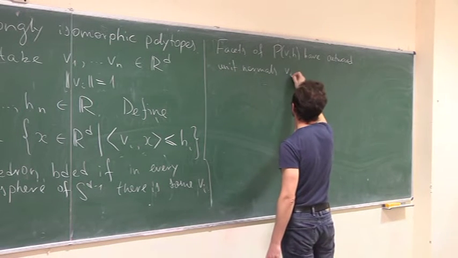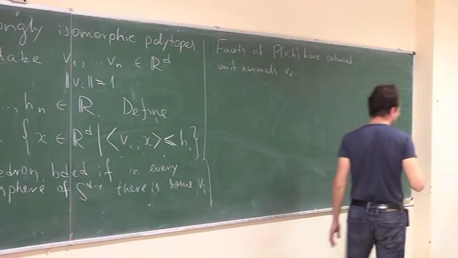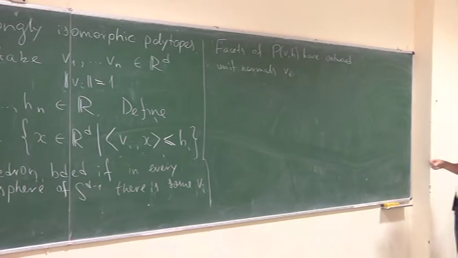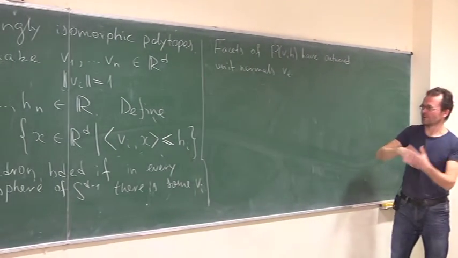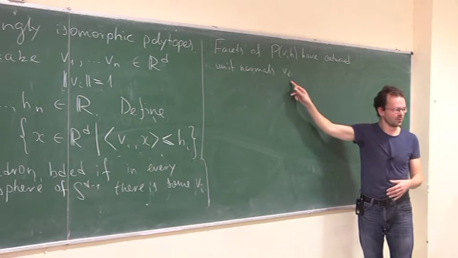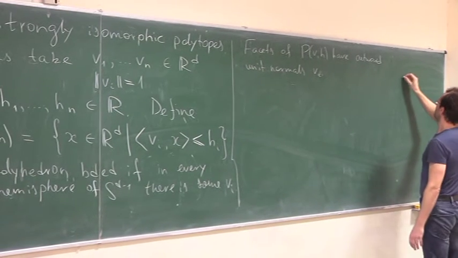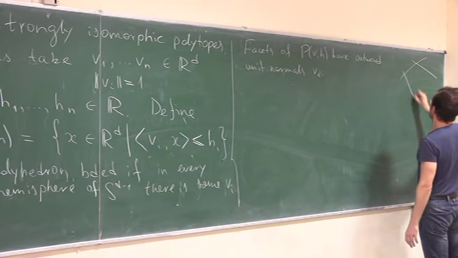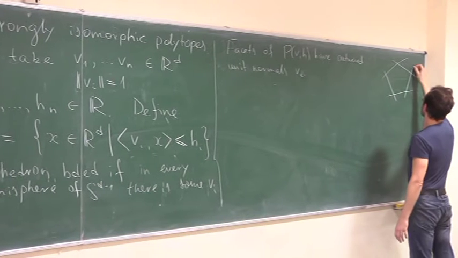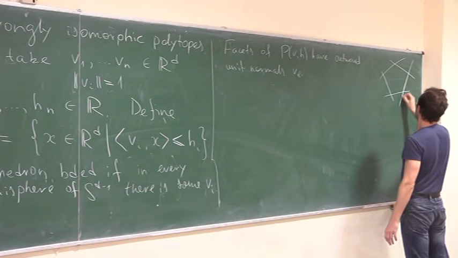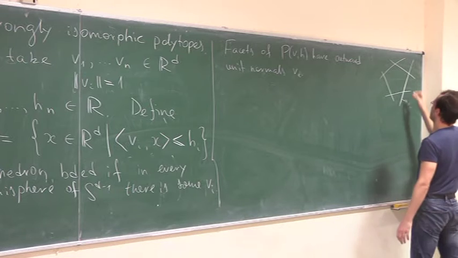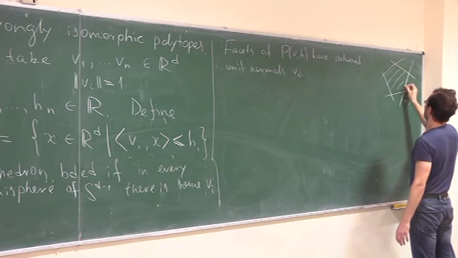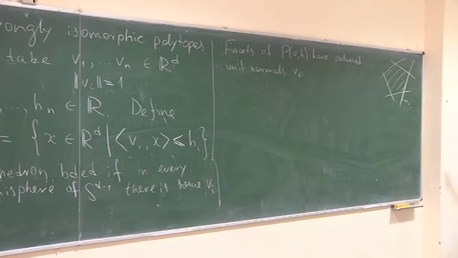But in fact, every facet has a normal Vi, but it can happen that for some Vi there is no facet with this normal, because what can happen, so let us somehow draw the picture. So what we have defined is this intersection of half spaces.